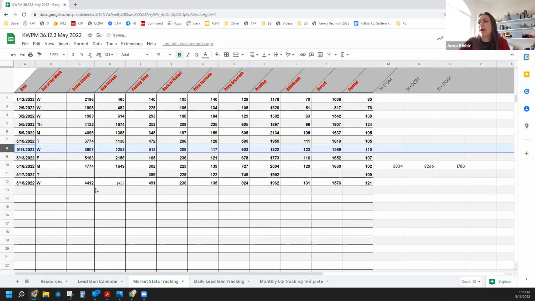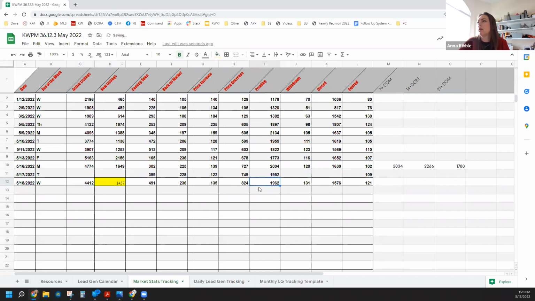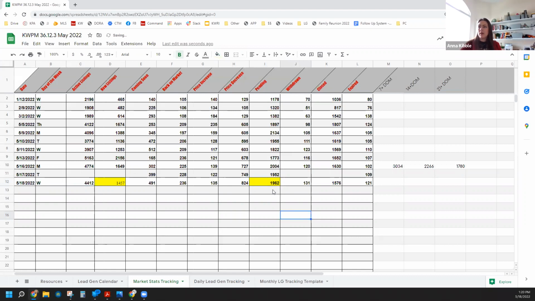Okay. Here's another thing to look at. So we've got new listings on the market versus homes going under contract. So we still have a pretty good delta there, right? We are still selling 500 more homes a week than are coming on the market.